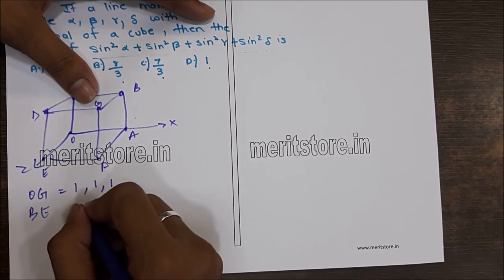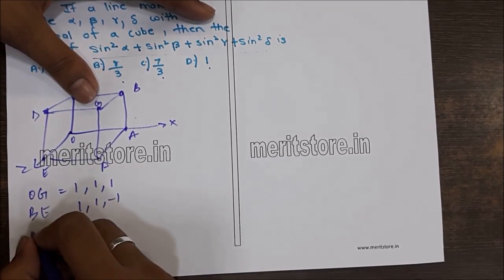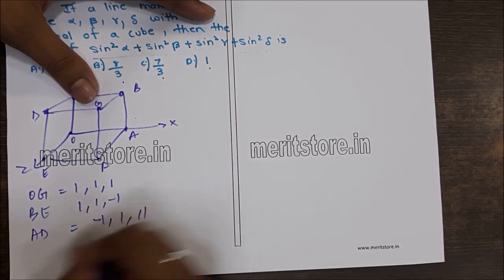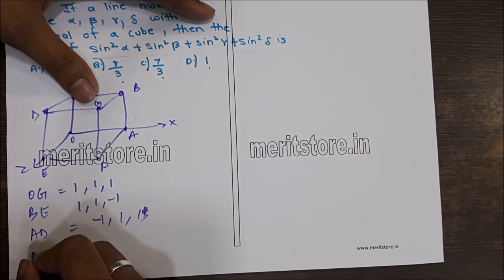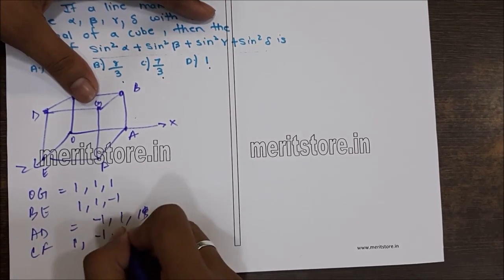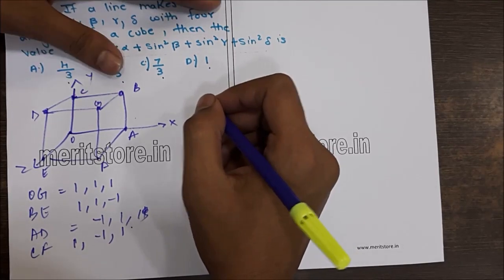BE will be 1, 1, minus 1. AD will be minus 1, 1 and 1, and that of CF will be 1, minus 1 and 1. So the direction ratios of the line be L, M, N.